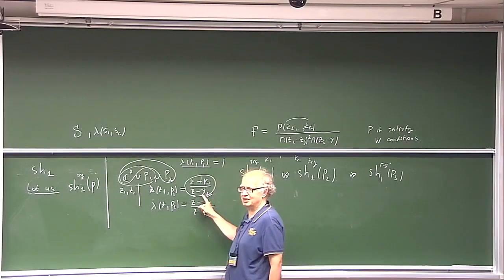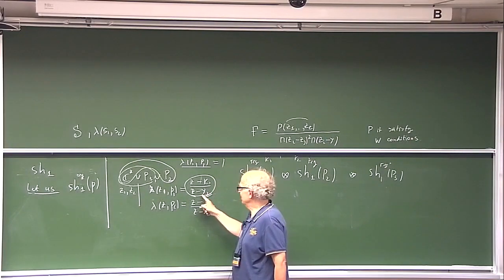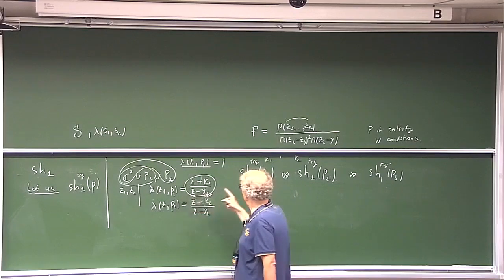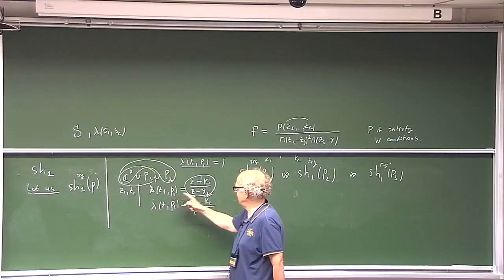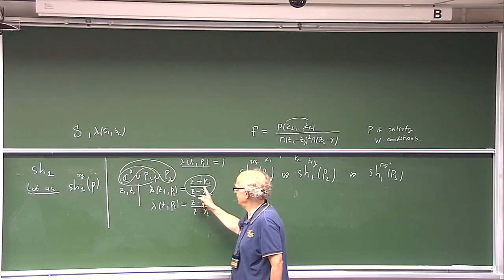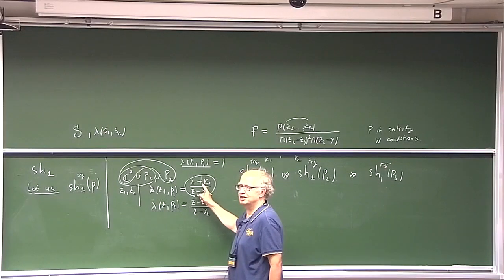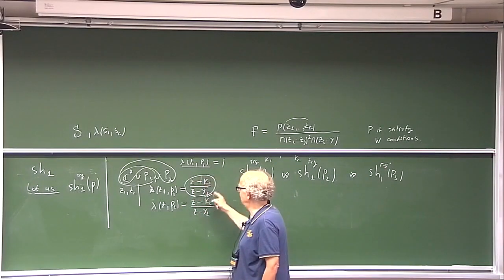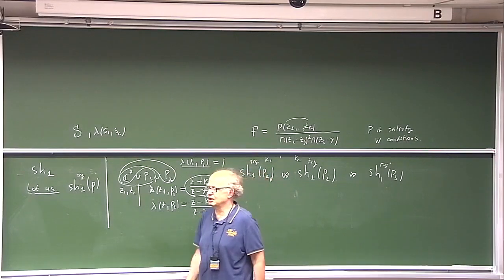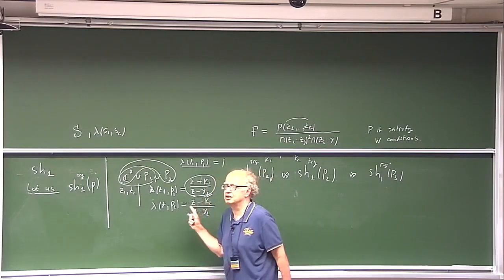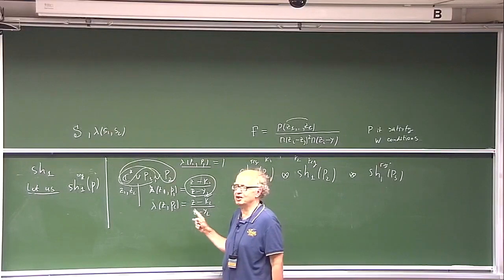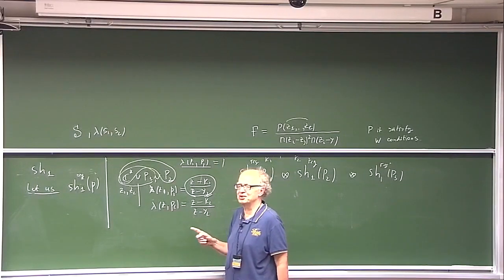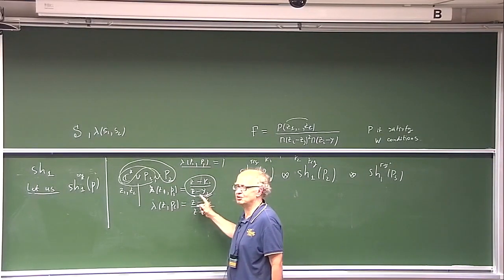So this space depends on T, but the real dependence is in Y. So this object plays a role here, and really this is the highest weight. And this highest weight knows the spectral parameter also.